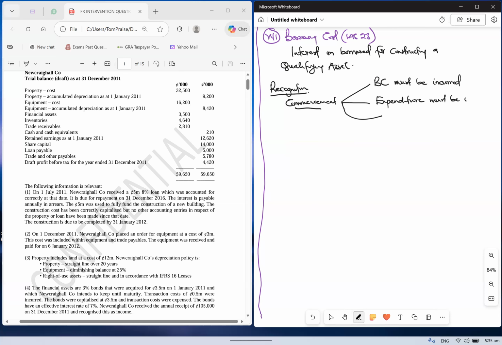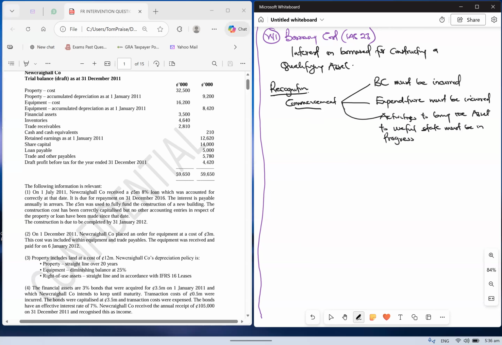Third, activities necessary to bring the asset to its useful state must be in progress. So that's the commencement criteria for borrowing costs.